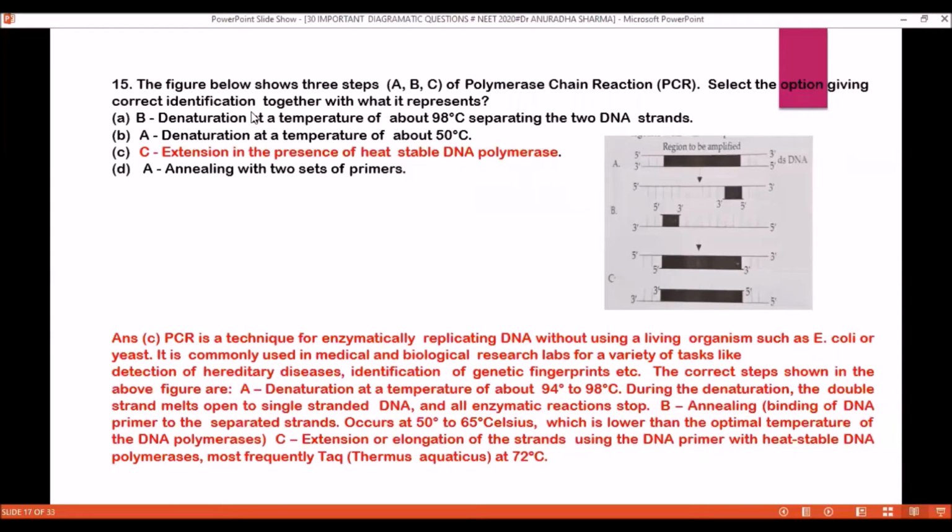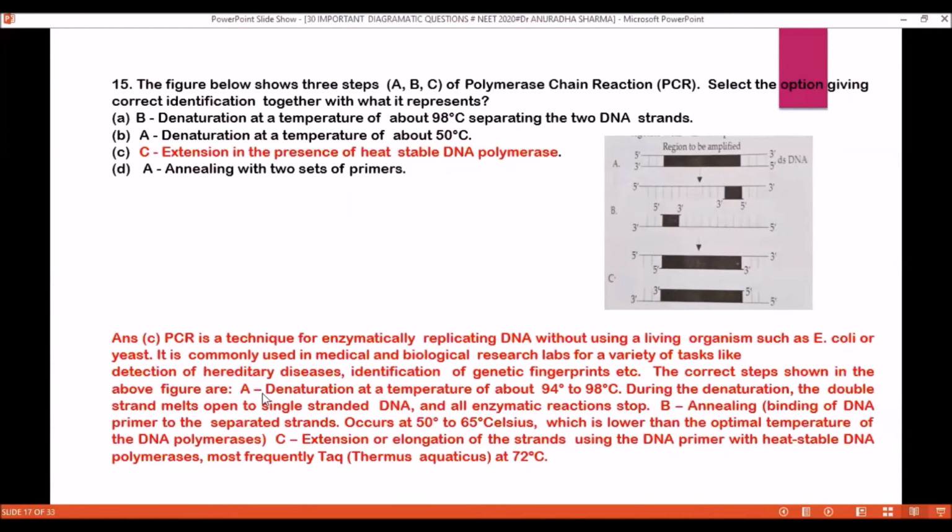B is denaturation, A is denaturation at a temperature about 50 degrees, C is extension in presence of heat labile DNA polymerase and A is annealing with two sets of primer. PCR is done for replication of DNA and it is commonly used in medical and biological research to detect various hereditary diseases, identification of genetic fingerprints, etc.